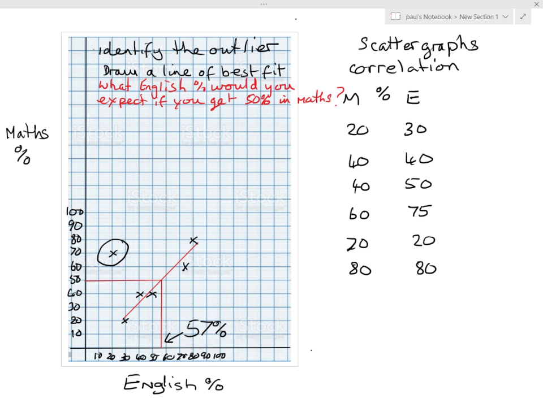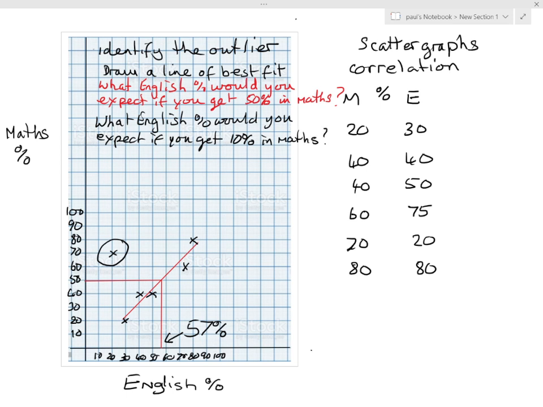Now there's a trick question that they ask, just to make sure you've done your line of best fit correctly. They would ask, what English percentage would you expect if you get 10% in maths?